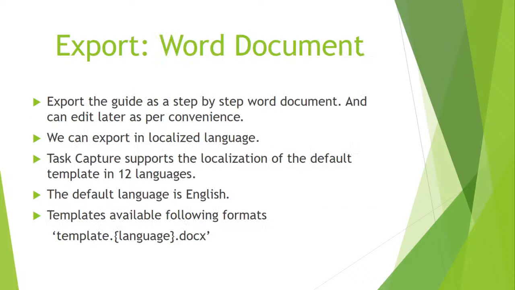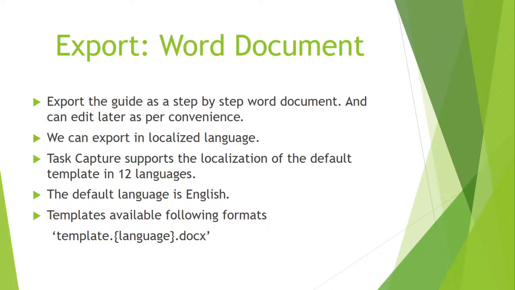Coming to the Word export, we have a couple of available features here. When I export into a Word document, I have listed the advantages. I can export the guide as a step-by-step Word document and edit it as per our convenience.